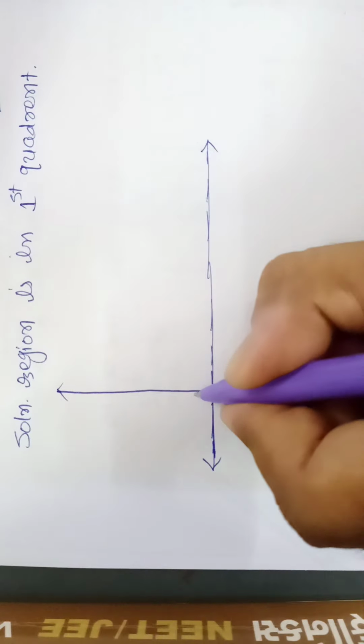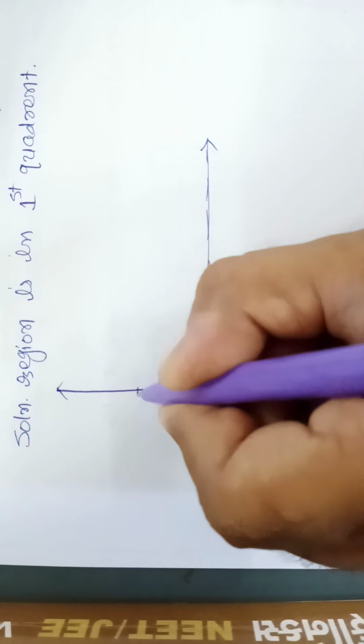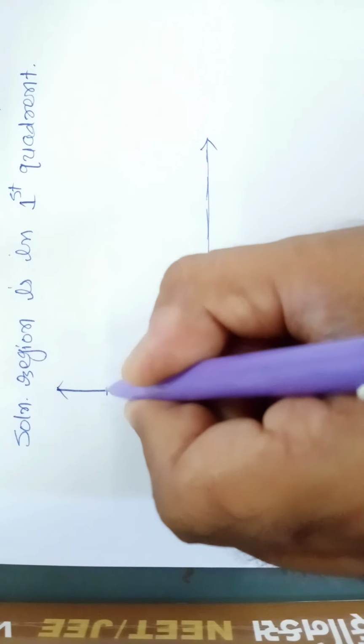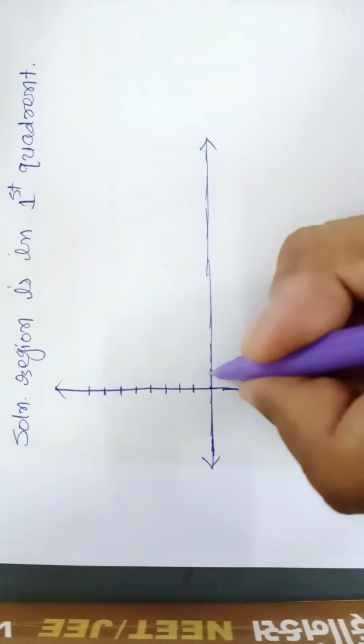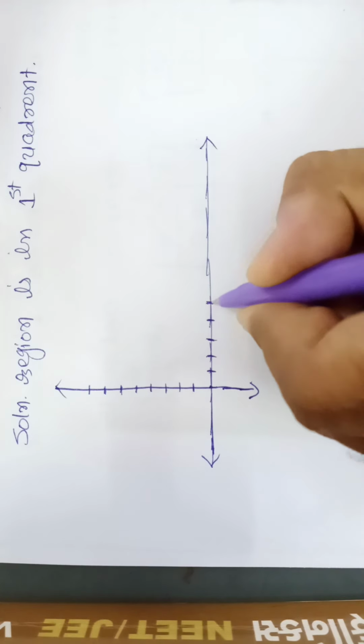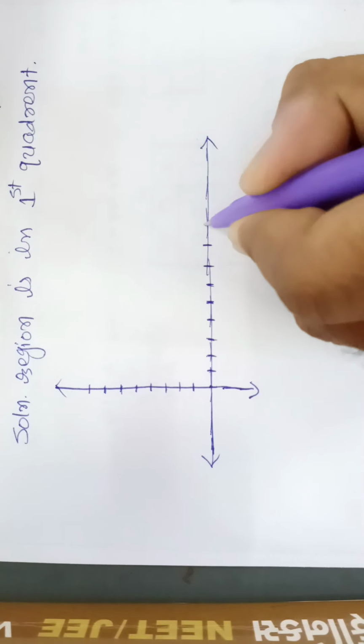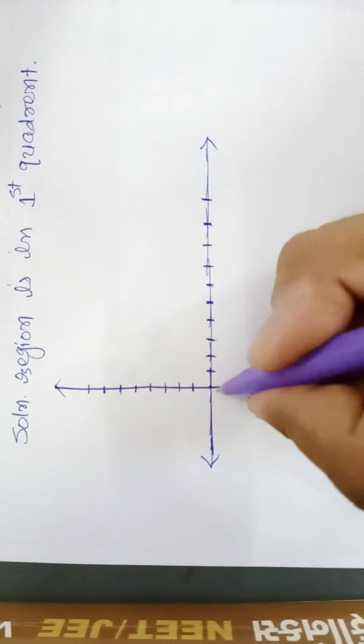Here is 1, 2, 3, 4, 5, 6, 7. I think no need to derive 8, 9 and 10. Here we need 1, 2, 3, 4, 5, 6, 7, 8, 9 and 10. Right, 0 then 5.